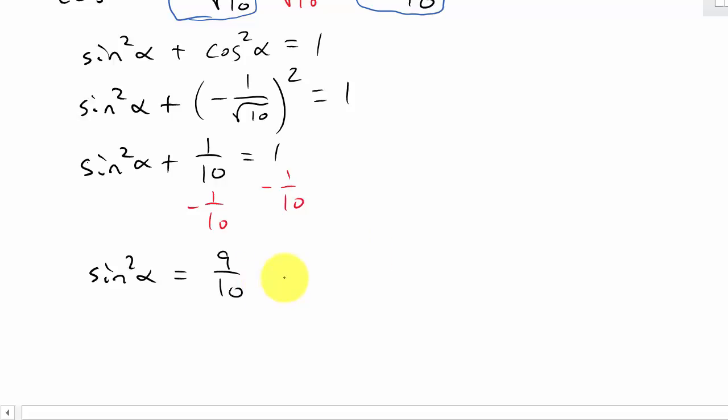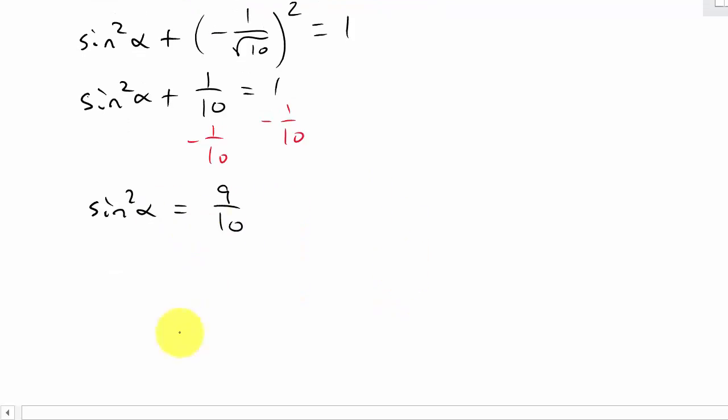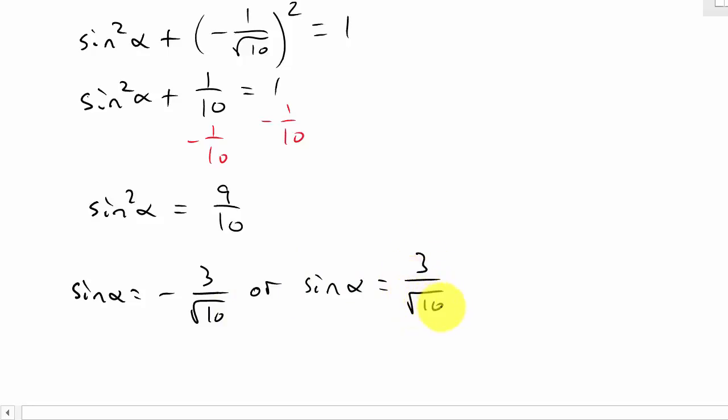Using the square root property again, sine alpha equals negative 3 over square root of 10, or sine alpha is 3 over square root of 10.